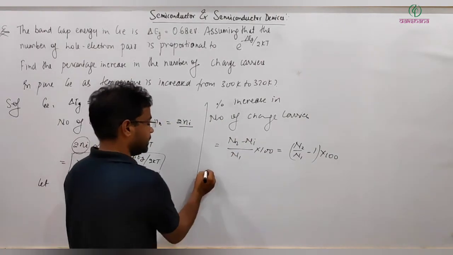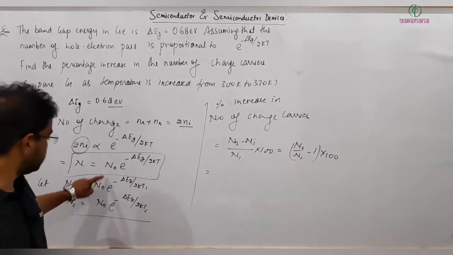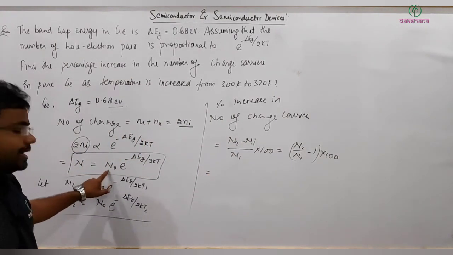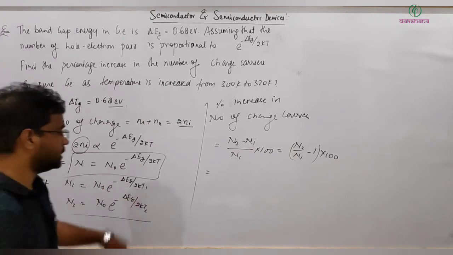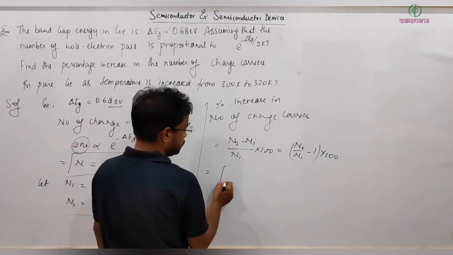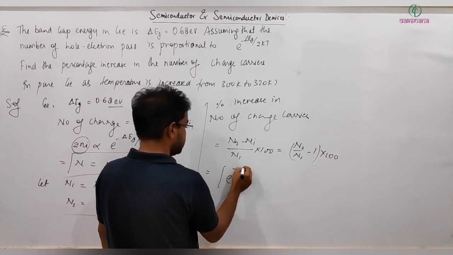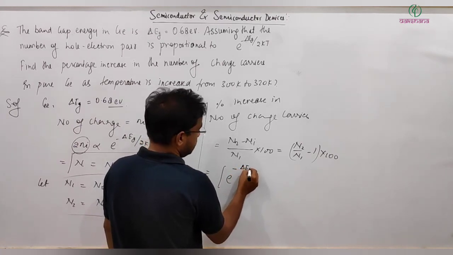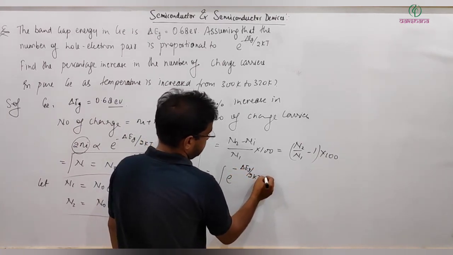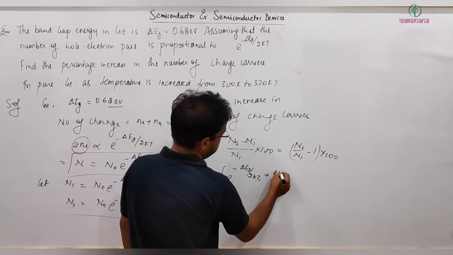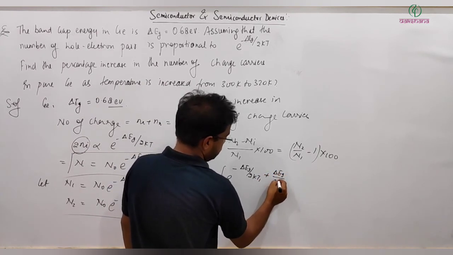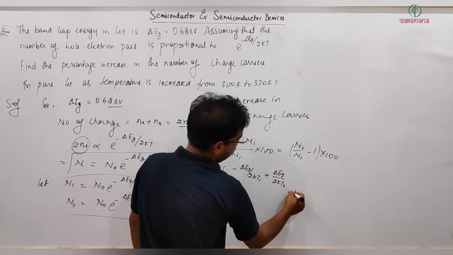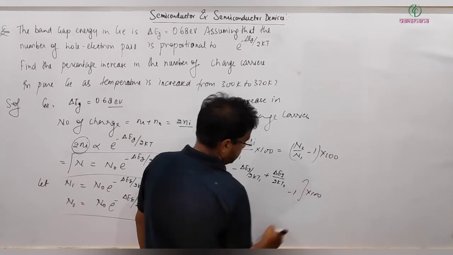N2 by N1, substituting, the N0 and N0 cancel, so it comes out to be e raised to power minus delta Eg divided by 2kT1 plus delta Eg divided by 2kT2, minus 1, into 100.